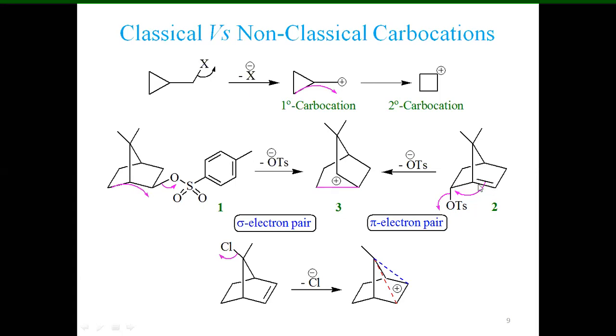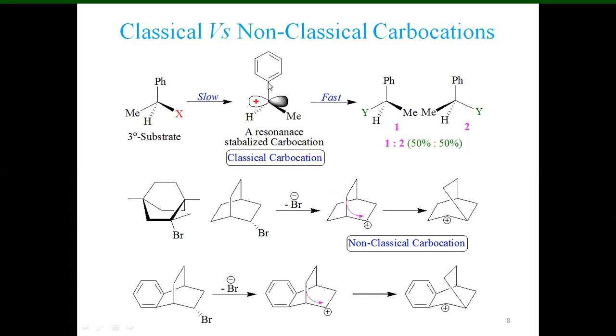There is no free carbon-carbon rotation, but in the previous example, this carbon and that carbon have free rotation, being a single bond. So this phenyl ring can rotate in any direction to bring its pi orbital parallel to this. If this phenyl ring rotates 90 degrees, then its pi orbital and this pi orbital shall be parallel to each other, because a pi bond is always formed by parallel overlap.